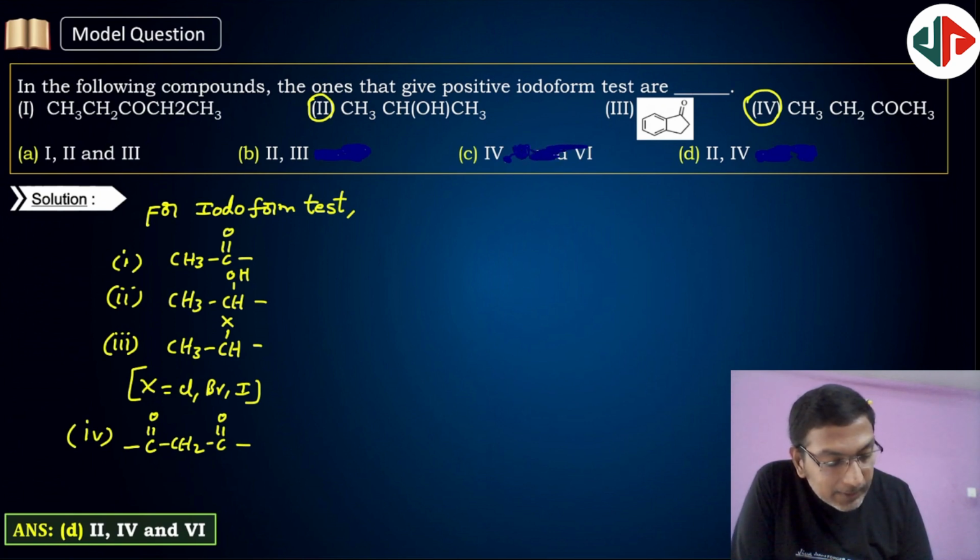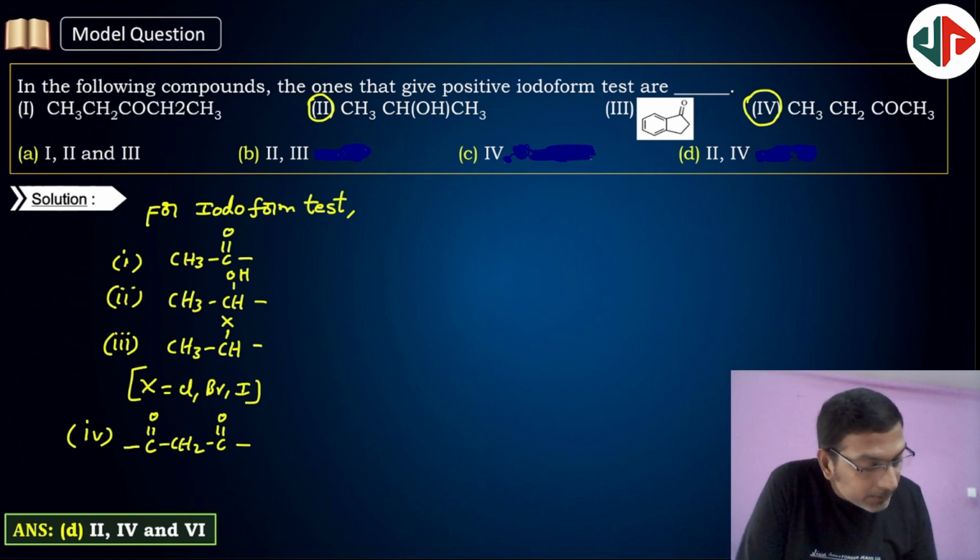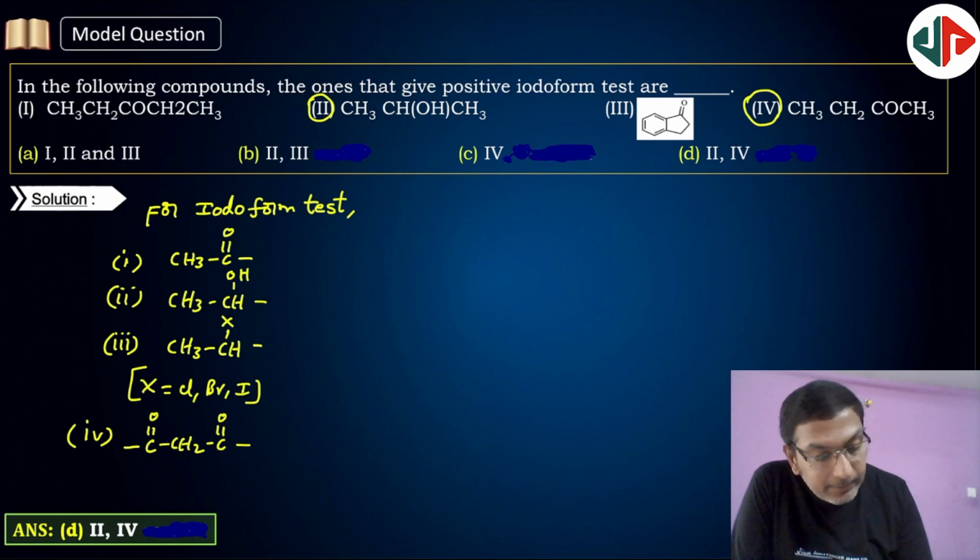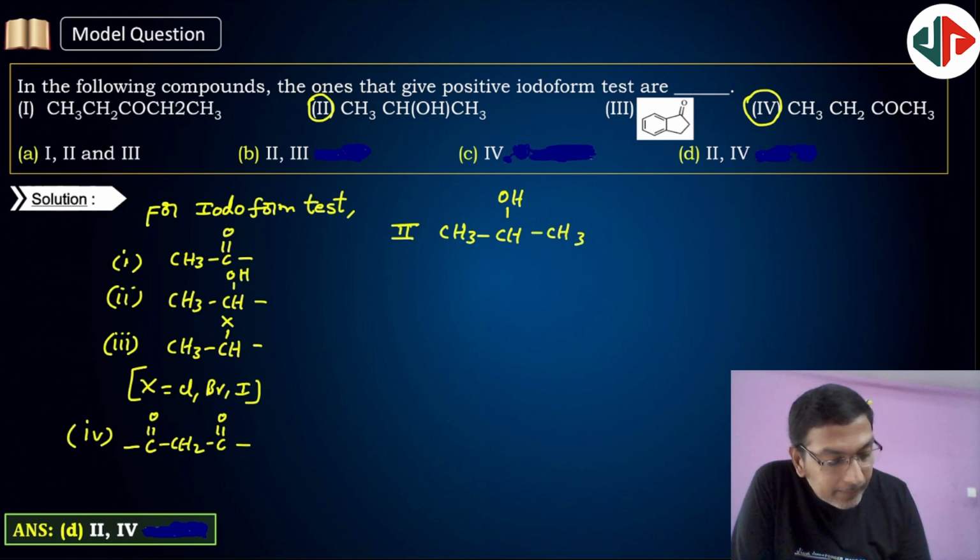Very, very important question. So 2 and 4. I will write the options also. See, the first compound is given, so writing the second compound directly: CH3CHOHCH3.